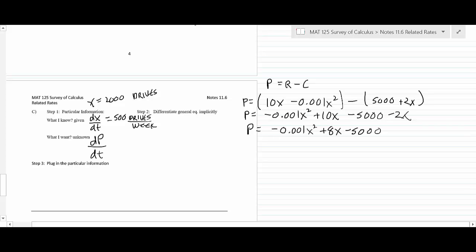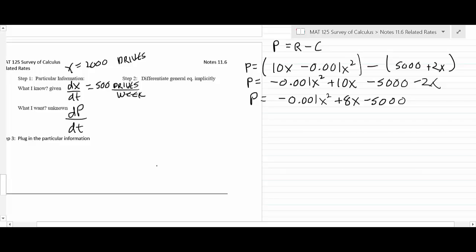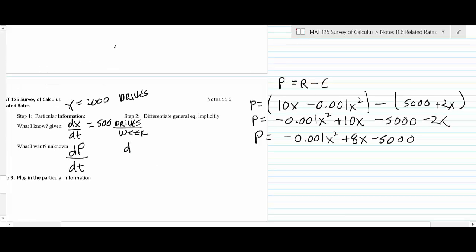All right, everybody okay so far? This should be about the same as the last problem. Now what you're going to do is your derivative. So you want to go ahead now and do dP over dt. The first piece is going to be negative 0.002x times dx over dt.